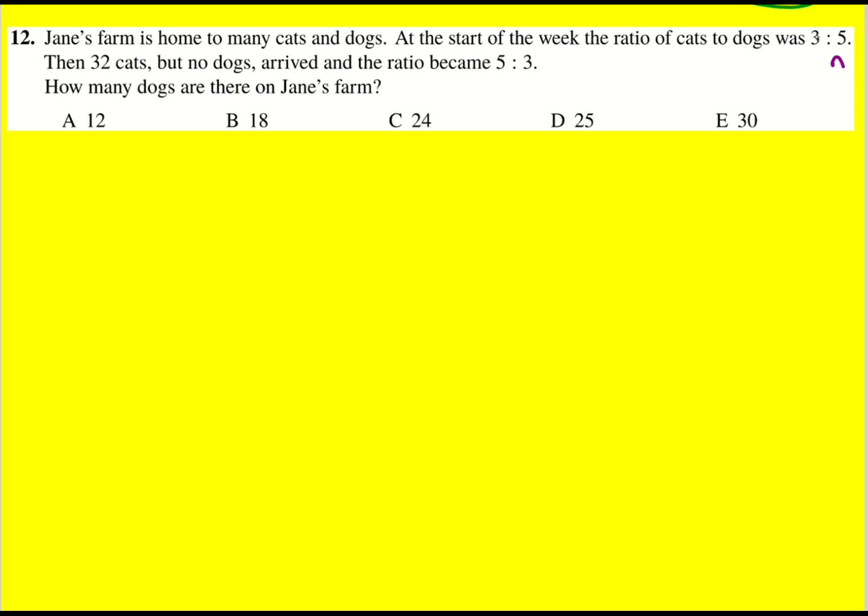And that means because the ratio is 3 to 5, we're going to have 3/5 n cats at the start. How am I getting that? I'm dividing by 5 to get 1 part, n over 5, and then I have to times that by 3 to get the number of cats, 3/5 n.